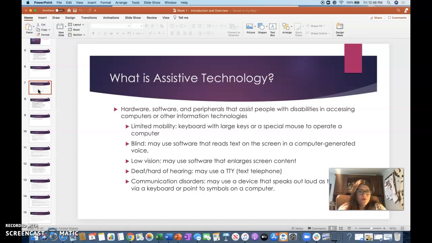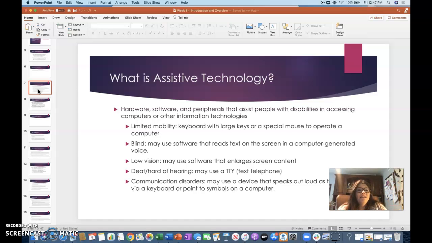If we have an individual that's limited mobility, again, we could have a keyboard with larger keys or a special mouse where maybe they don't need to have the fine movements required to click or access items on a screen. If we had an individual that was blind, we may look at a software that reads the text on the screen, or someone that has a low vision, they may need something that enlarges and makes that text bigger, or even changing the background colors to be dark and the text to be light rather than our traditional light with the dark text on the screen.